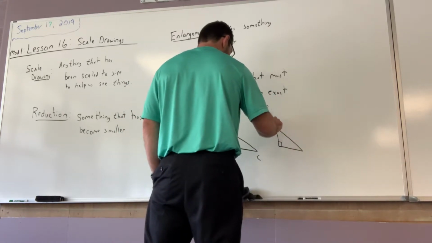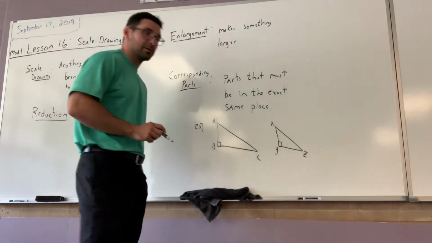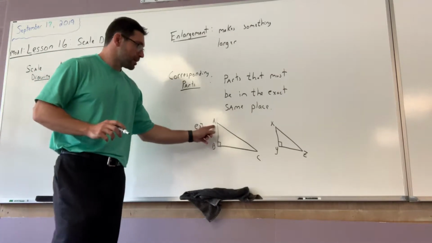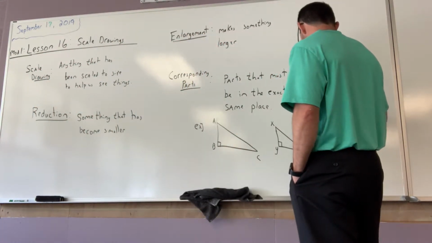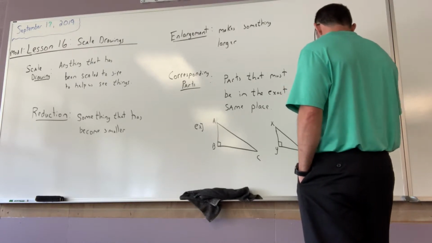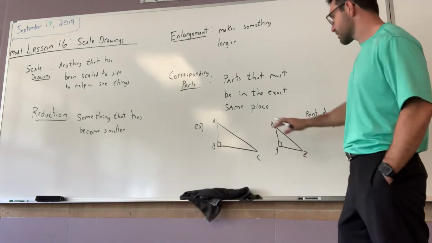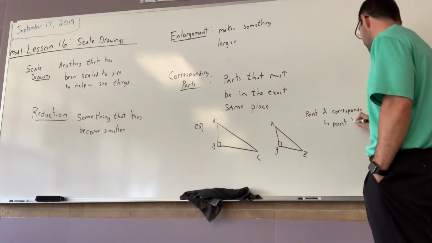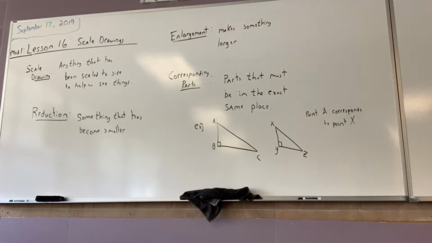And then we've got X, Y, Z. Well, notice that point A corresponds to point what? Are they the same direction? Yeah, they're the same direction. So A up to point X. That's what corresponding means, in the same place based off of what we're looking at.